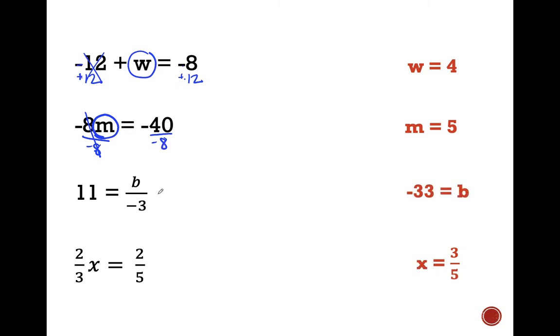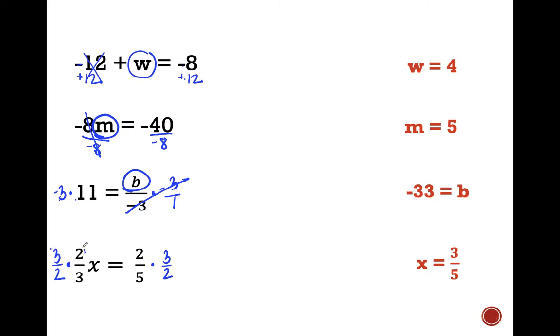And the third example, we're going to multiply both sides by negative 3, canceling the negative 3's, leaving b, and negative 3 times 11 is negative 33. And now, even though you already know this final answer here, let me just show you how we do it in case you forgot.